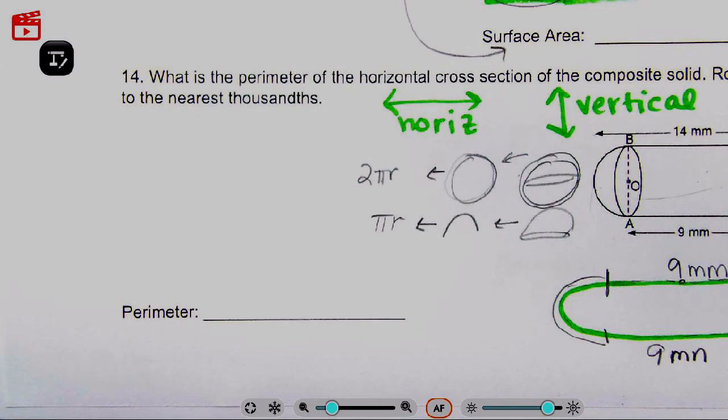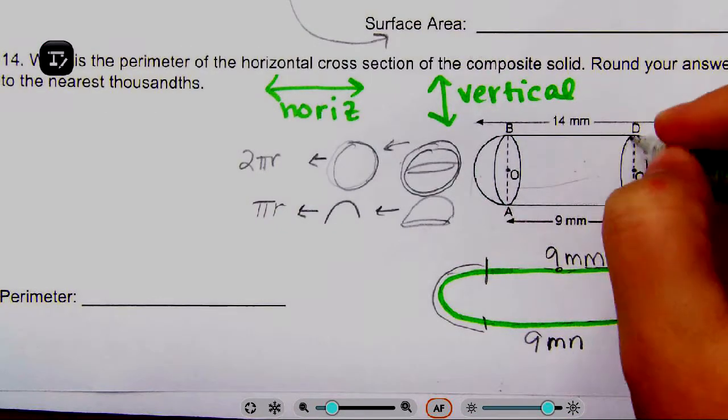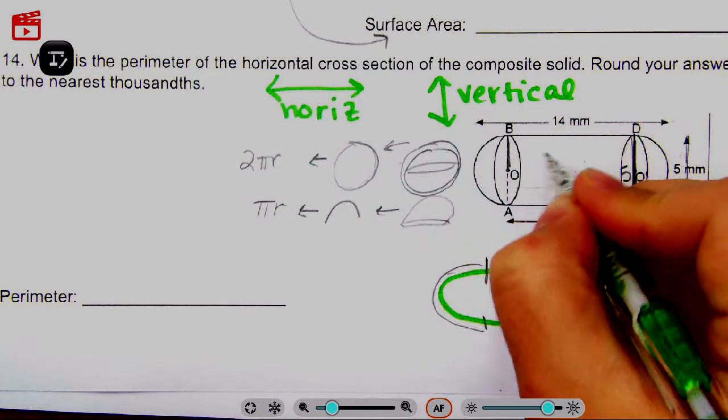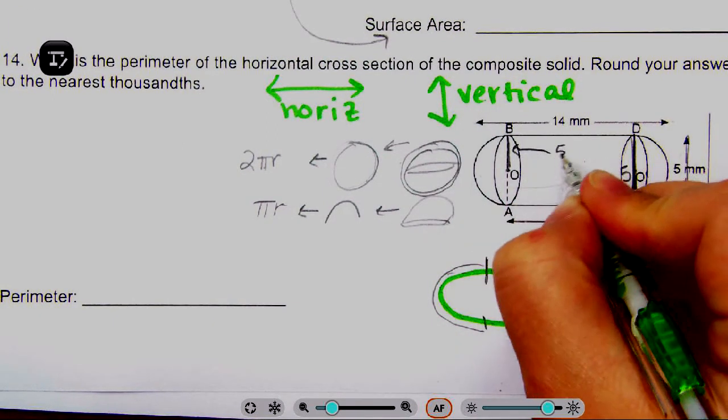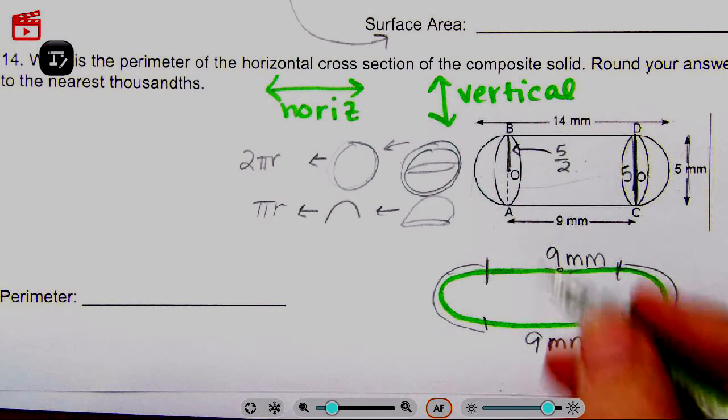So do I have a radius in order to find out what this is? If I'm looking here, they tell me I have a diameter of 5. So what is my radius? My radius is half of that, which is 5 halves, and 5 halves is simply 2.5.